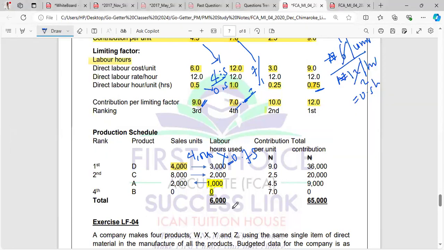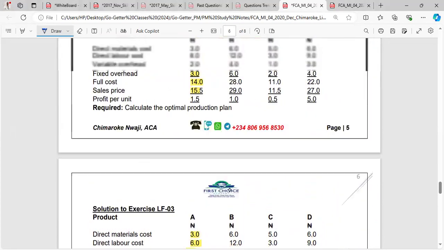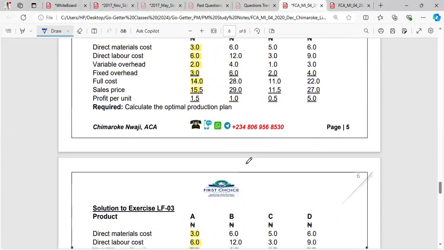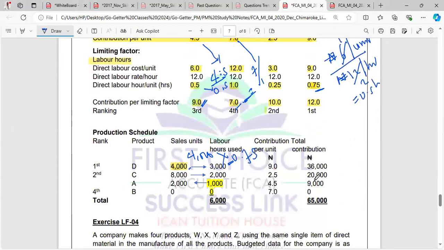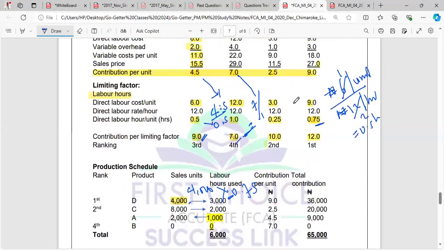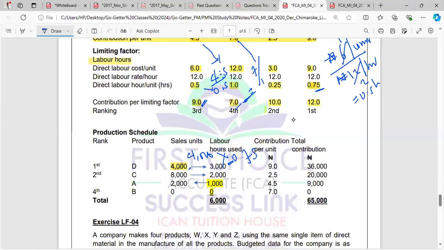That's what we did here, 3,000. And this is the labor hours we are going to use. But we are going to multiply 4,000 times our normal contribution per unit, which we calculated here, 9 naira. That's it. So you bring all this contribution according to the product, you arrange them down. So 4 times 9 is 36,000.